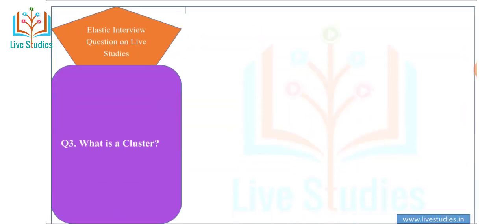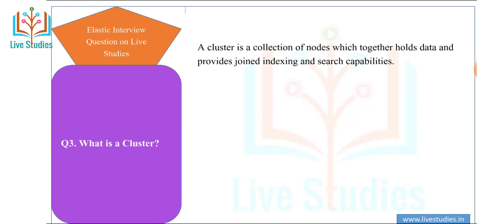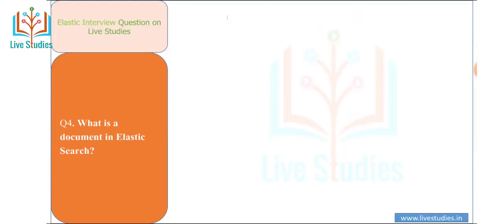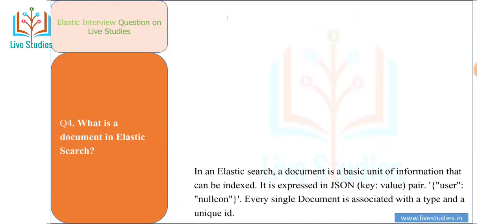Another question is, what is a cluster? A cluster is a collection of nodes which together hold data and provide joint indexing and search capability. Another question is, what is a document in Elasticsearch?